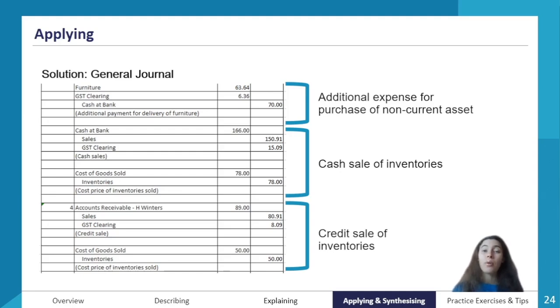What's going up? What's going down? Am I getting money? Am I losing money? Am I gaining a sale, or am I paying for something? Thinking about what is actually happening, what is going down or up as a result, and then how that impacts those different accounts that you've figured out are involved in the transaction.